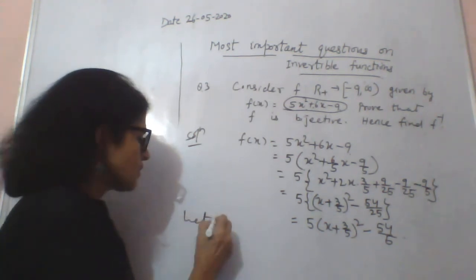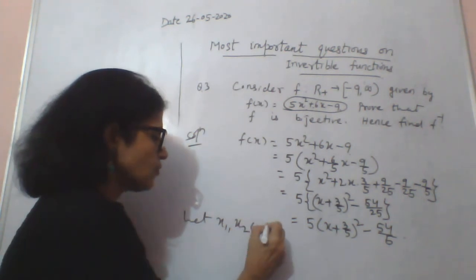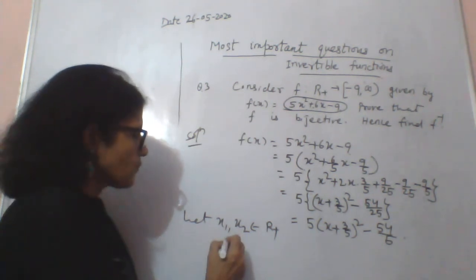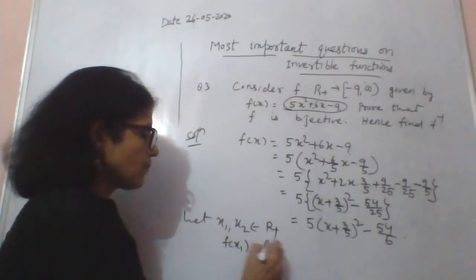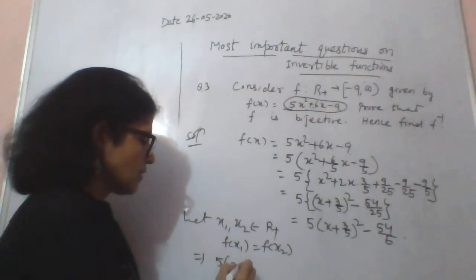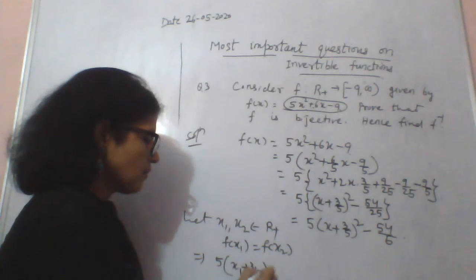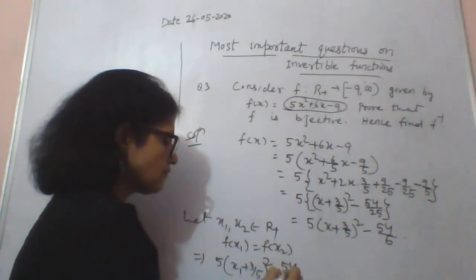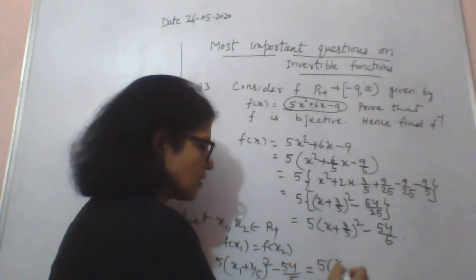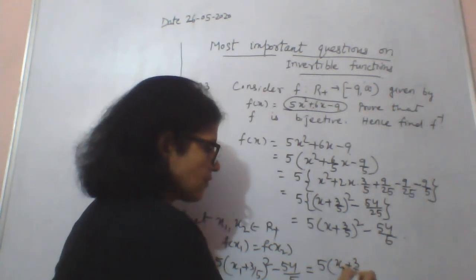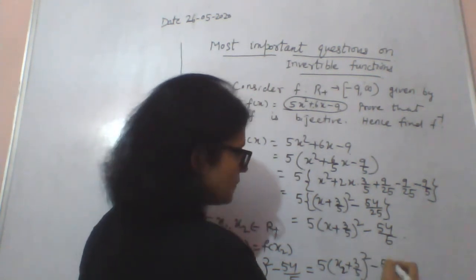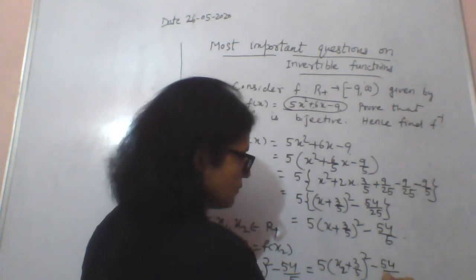Okay, so let x1, x2 belong to the set of all non-negative real numbers, and f x1 equal to f x2. f x1 equal to f x2 implies 5 times x1 plus 3 by 5 whole square minus 54 by 5 equal to 5 times x2 plus 3 by 5 whole square minus 54 by 5.